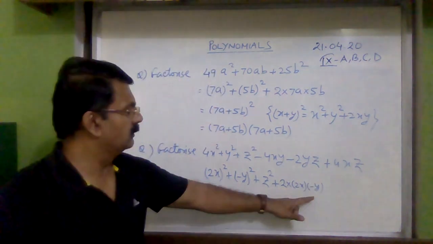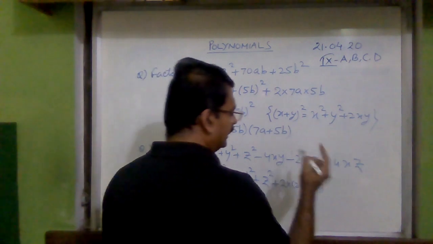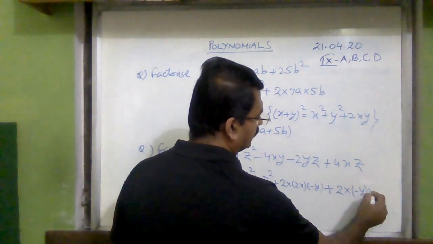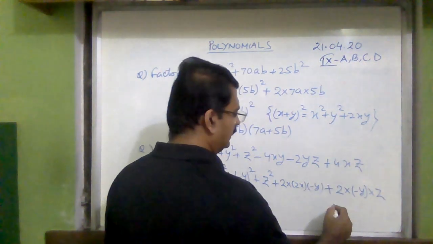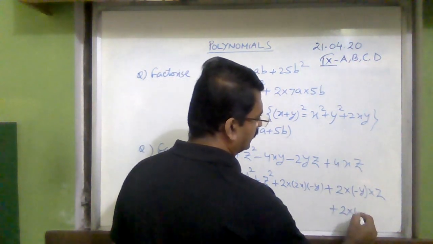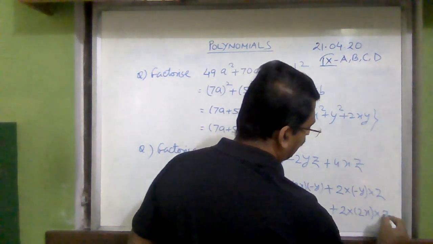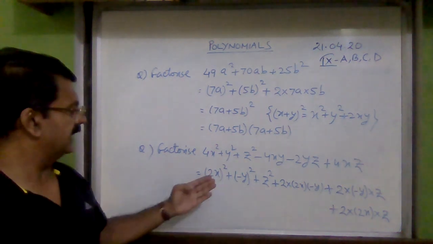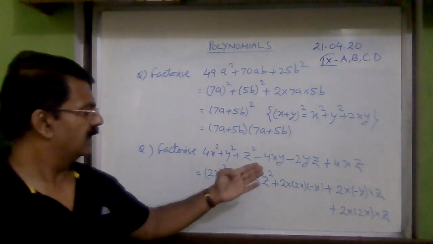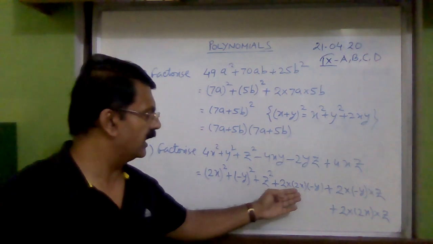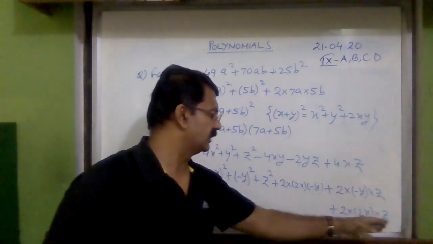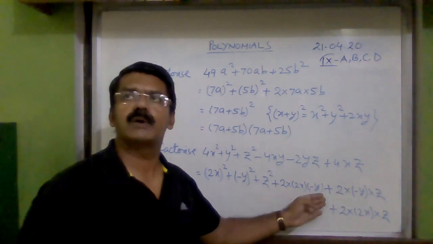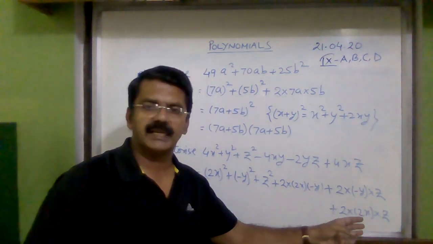See, because it will become minus 4xy. Similarly, here it can be written as plus 2 into minus y into z, and the last one plus 2 into 2x into z. Now you see it is written like this: a square plus b square plus c square plus 2ab plus 2bc plus 2ca, or x square plus y square plus z square plus 2xy plus 2yz plus 2zx.